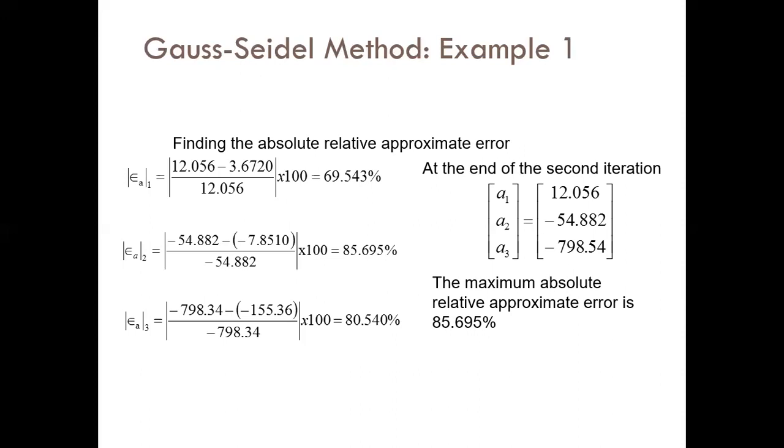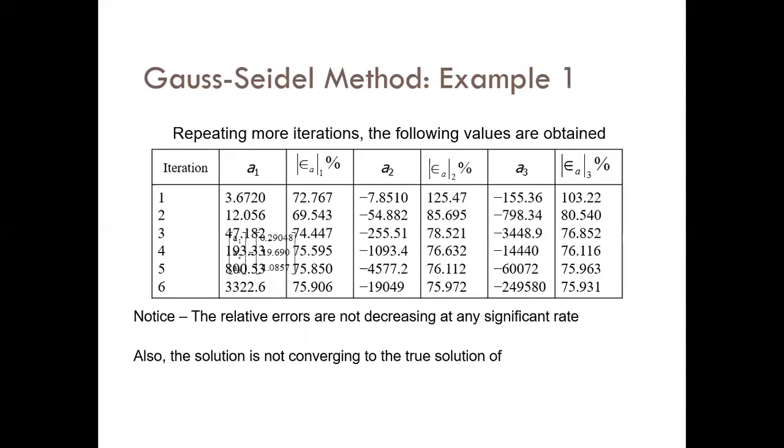So take the next iterations 3, 4, 5 and 6, and solve the values of A1, A2 and A3. The final value of A1 is 3322.6, A2 is minus 19049 and A3 is minus 249580.